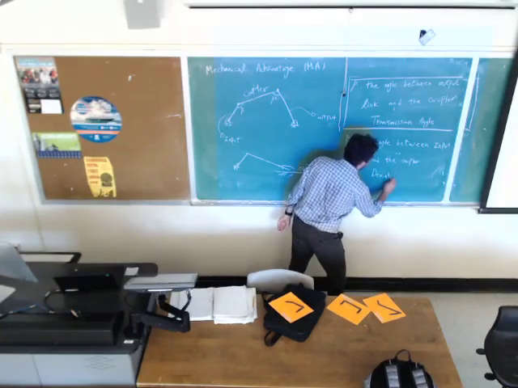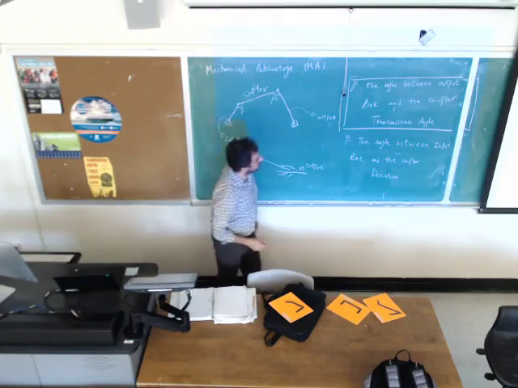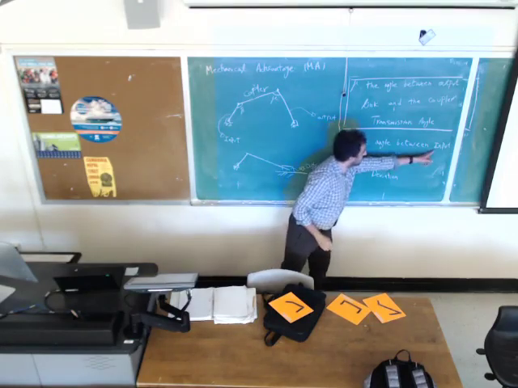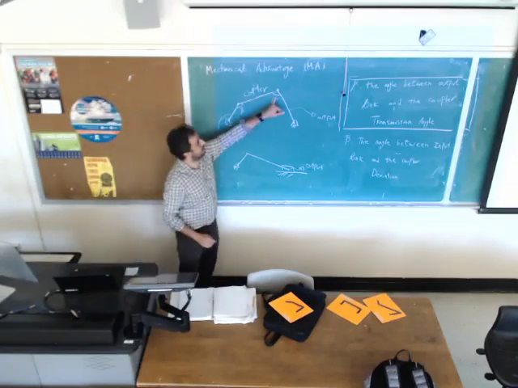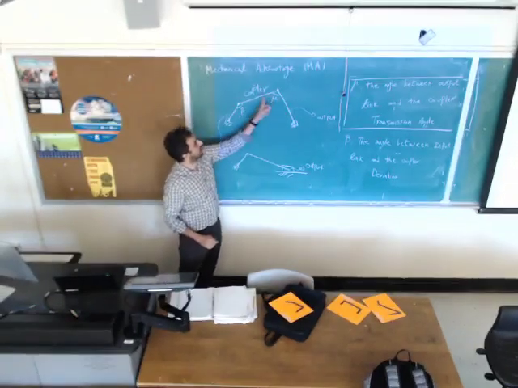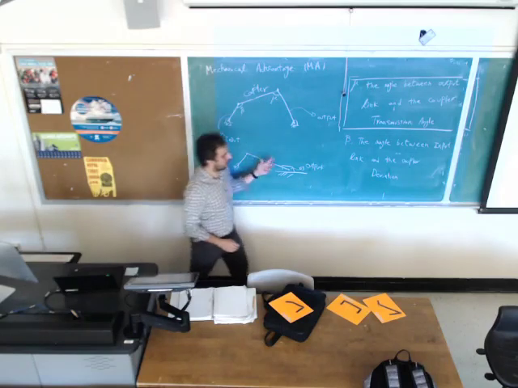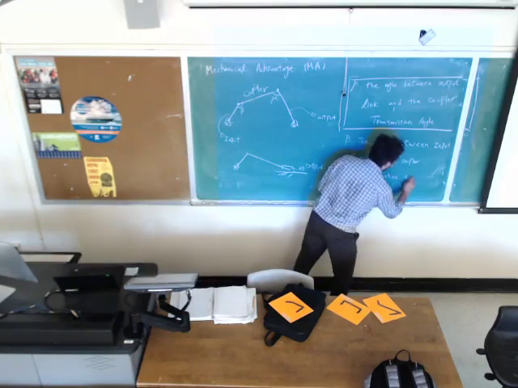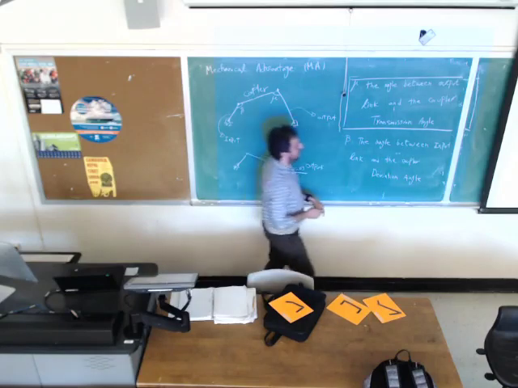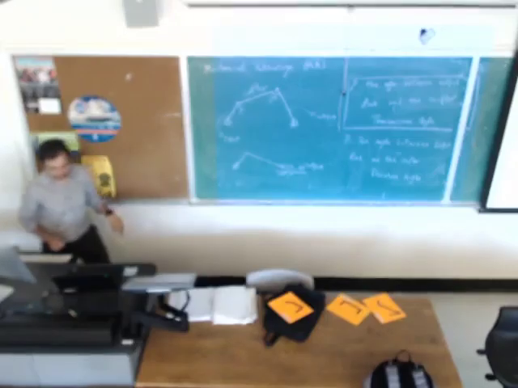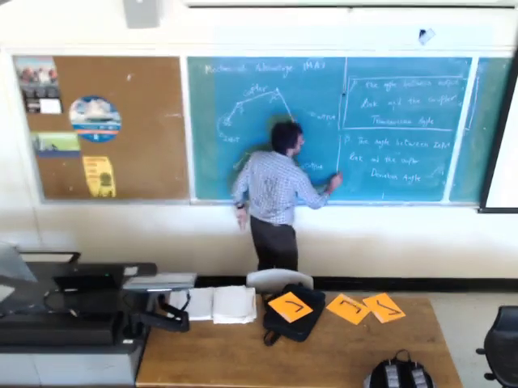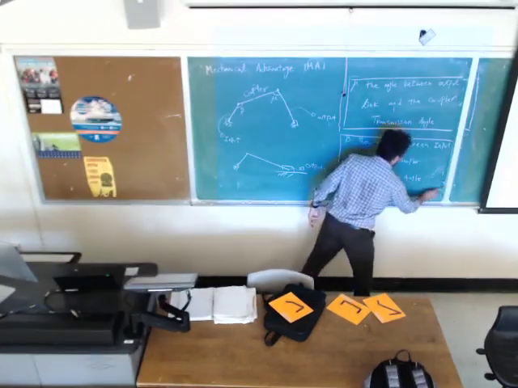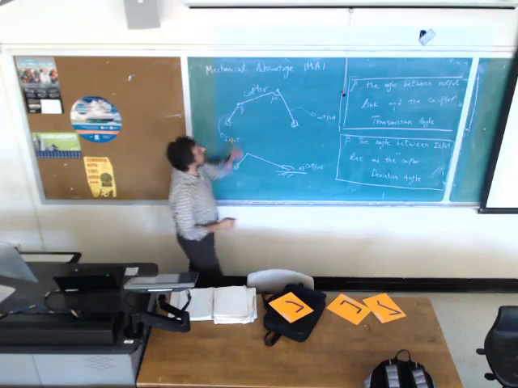Mu is the transmission angle between output and coupler. Beta is the deviation angle between input and coupler. I'm going to use these two angles when I define mechanical advantage.